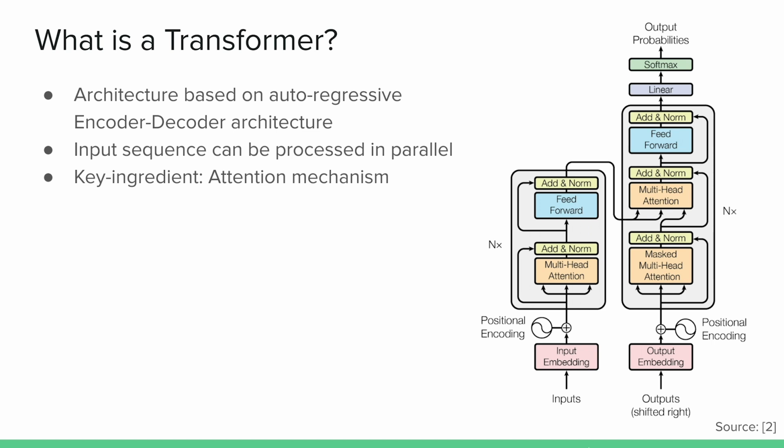On a high level, how this works is that we take our input, we run it through an encoder, and we produce a latent space representation in this abstract continuous space that holds all the learned information from our input. And then we use the decoder to produce our output sequence. And one key ingredient in transformers that really drives their performance is an attention mechanism.